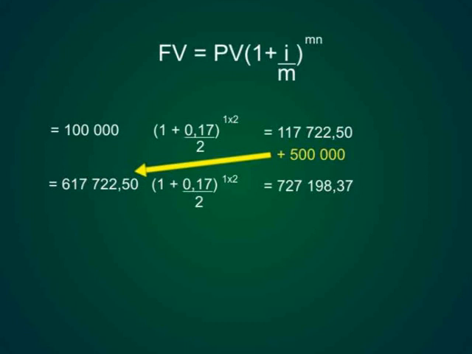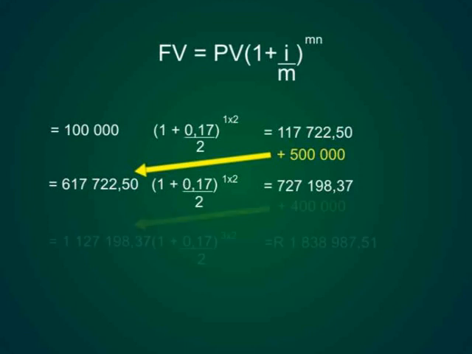That amount we're going to invest over another year to the point where he invests the 400,000. So that's going to become 617,722.50 rand, open bracket, 1 plus 0.17 over 2, close bracket, to the power 1 times 2, because it's only over a year, which gives me an answer of 727,198.37 rand.